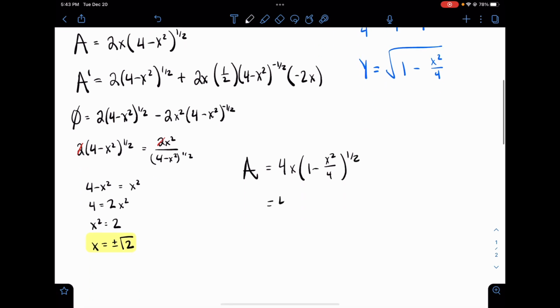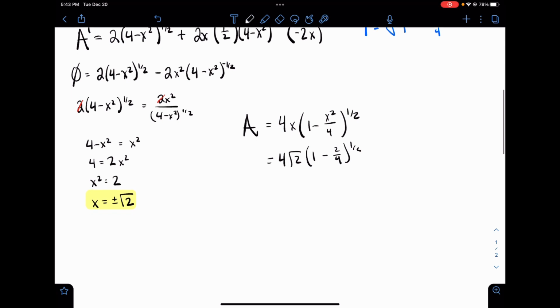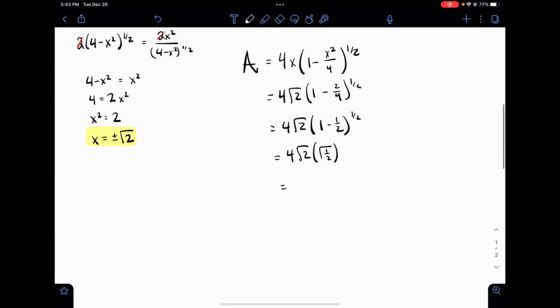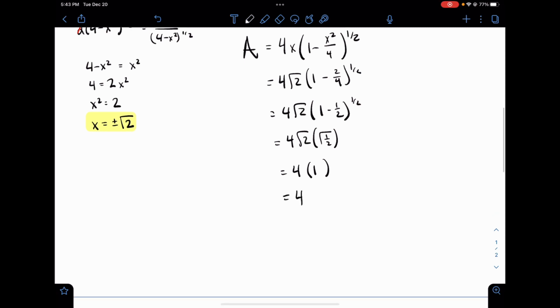And this will give us 4 times root 2, (1 minus 2 over 4) to the 1/2, which gives us 4 times root 2, (1 minus 1/2) to the 1/2, which gives us 4 root 2 times 1/2 to the root 2, which gives us 4 times 1, which equals an area of 4.